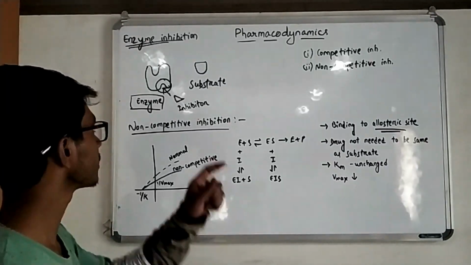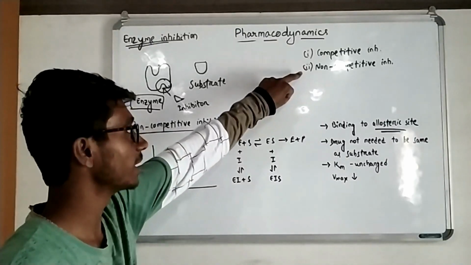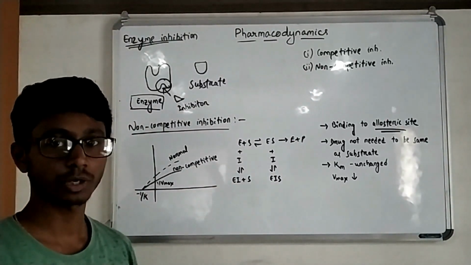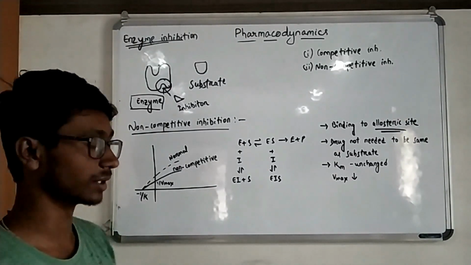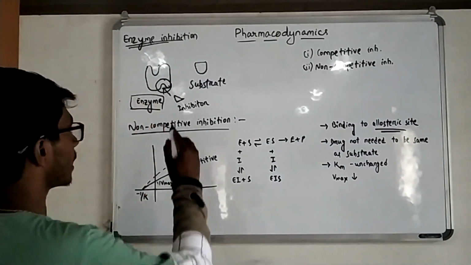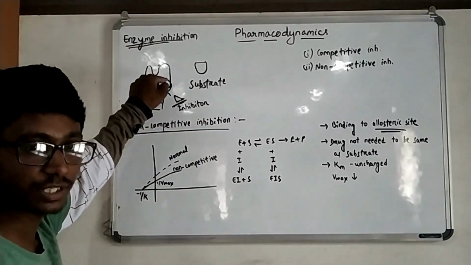So now let us study non-competitive inhibition. First we studied our competitive inhibition, and we will study now non-competitive inhibition. In non-competitive inhibition, what will happen? There will be no competition between our substrate and inhibitor. This is our allosteric site, and this is our inhibitor. So the inhibitor will bind to our allosteric site.